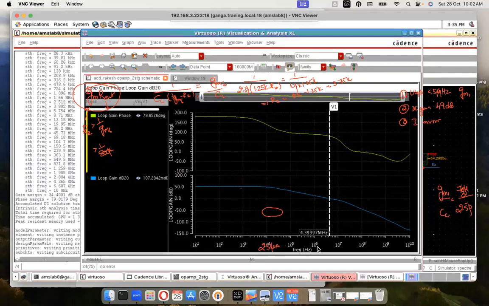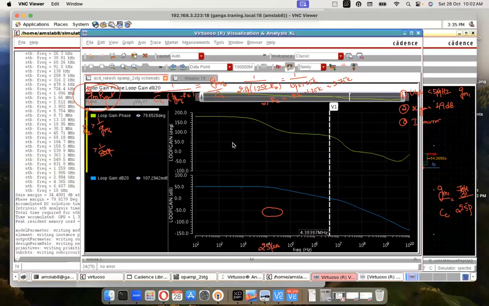UGB is somewhere around 4.39 now, somewhere around 0 dB. And you see the phase is 79 degrees now. You wanted 60 degrees, but you could achieve 79 degrees because of the pole cancelling zero that you introduced, because of which you are having much better phase margin now.